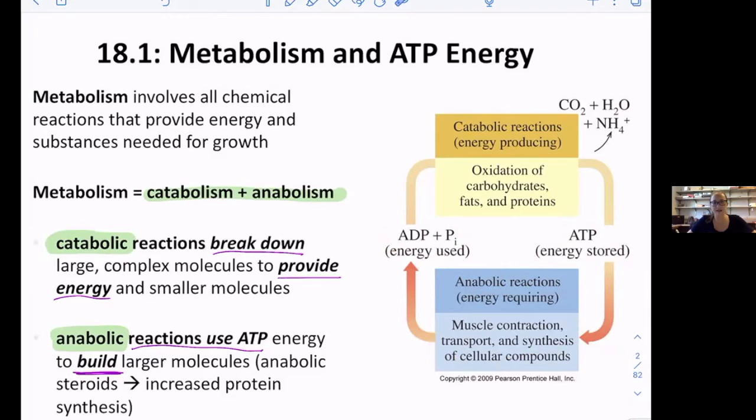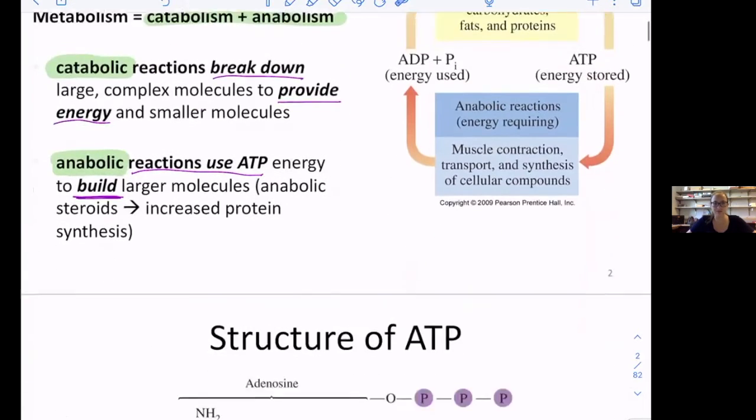That's what the Pi stands for. And this shows that you've already used the energy. The catabolic reaction is going to break down something like a carbohydrate, a fat, or a protein. It's going to break it down and use that energy to restore ATP, or reform ATP, which now has the energy stored inside of it.